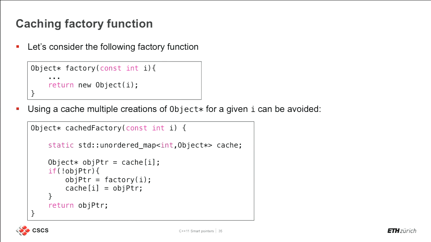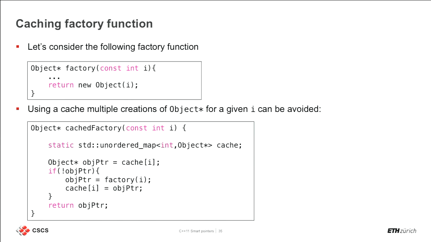Okay. So what is the idea of this function? When you ask for the creation of an object with a given set of input parameters, the first operation is, instead of directly creating a new object every time like in this version, you first check if the object corresponding to the set of input parameters is already available in your cache.